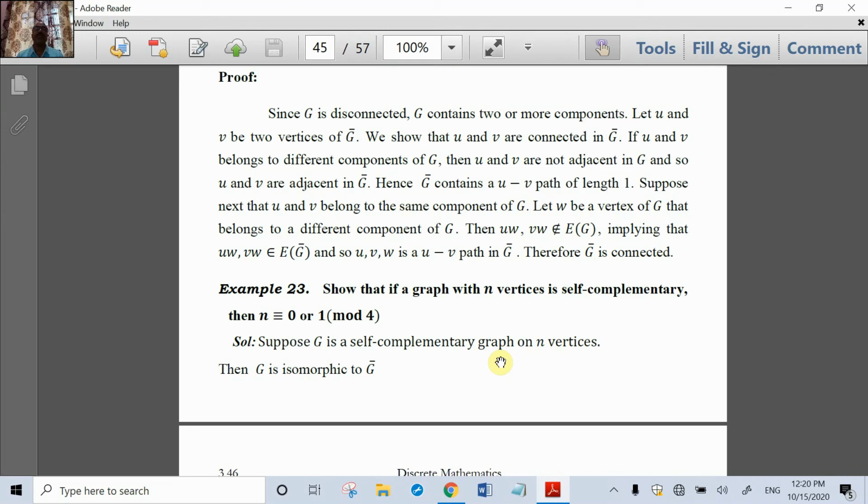Suppose next U and V are in the same component. Let W be a vertex of G belonging to a different component of G. Then UW, VW do not belong to E of G, which implies UW, VW belong to E of G bar. Therefore, UWV is a UV path in G bar. Therefore, G bar is connected.